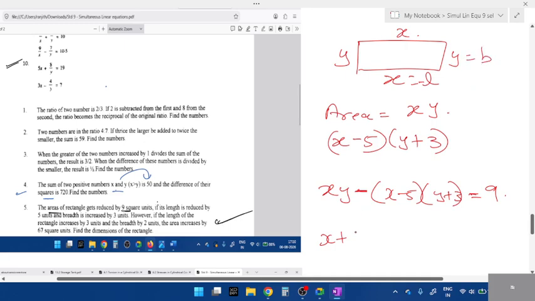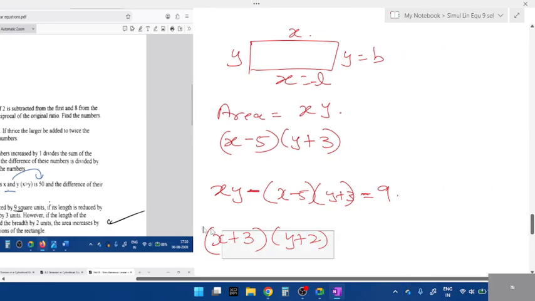If the length is increased by 3, meaning x plus 3, and the breadth is increased by 2 units, breadth is y plus 2. The area increases by how much? Area increases by 67. So for the second equation, area is increased by 67.